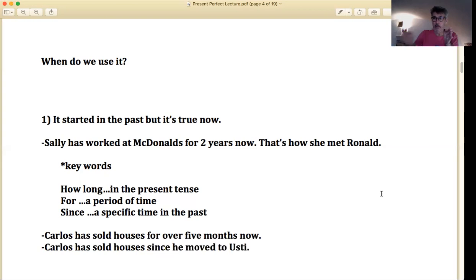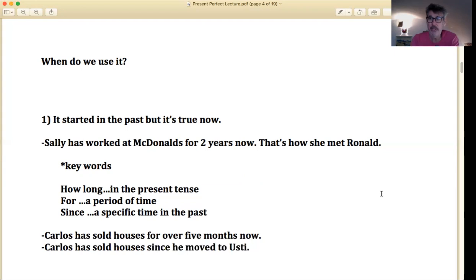And that period can be 5 minutes or it can be 5 million years. It doesn't matter. The length of that time isn't important. What's important is that it's active now. So it's something that we want to find out or communicate about something that's true or active now.